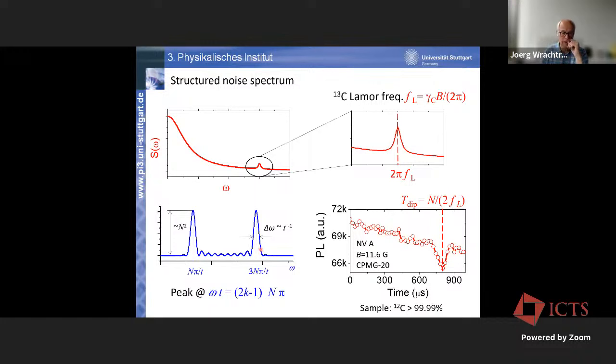There is a certain scaling of the filter function amplitude and width with the number of pulses that we don't need to be interested in. But essentially what you measure here is the phase coherence of your electron spin. And when the pulse spacing you treat your electron spin with is exactly commensurate with the nuclear spin Larmor precession, you see a dip in coherence.